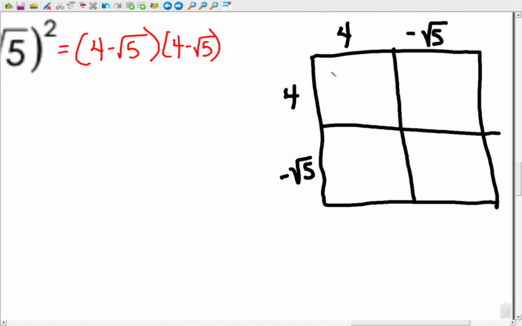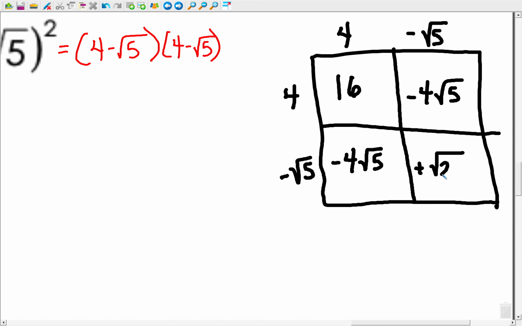Okay, I'm going to speed up a little bit when multiplying. This will be 16. This will be negative 4 times the square root of 5. This will also be negative 4 times the square root of 5. At the bottom, it'll be a positive square root of 25. The square root of 25 is simply 5.